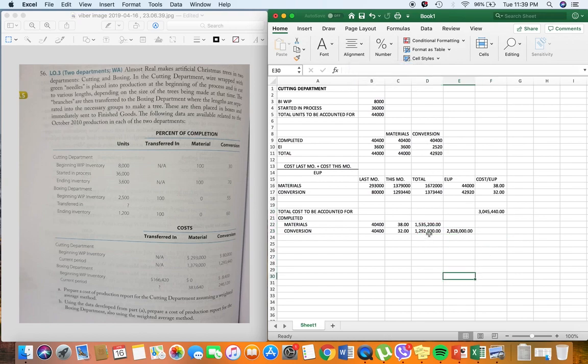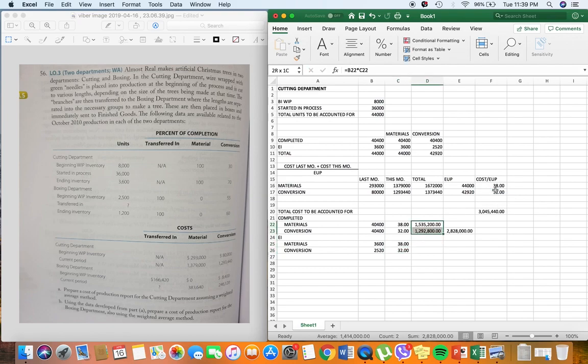Next, we also have to account for the cost of our ending inventory, with materials and conversion cost. The EUP for materials is 3,600, and for conversion, it is 2,520. The cost per EUP is the same, 38 and 32 respectively.